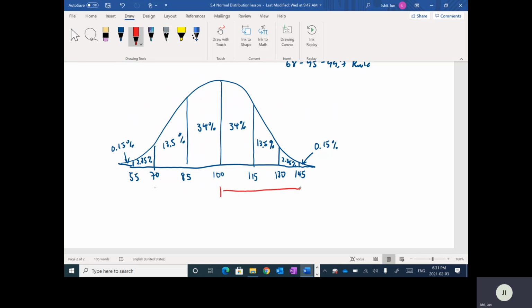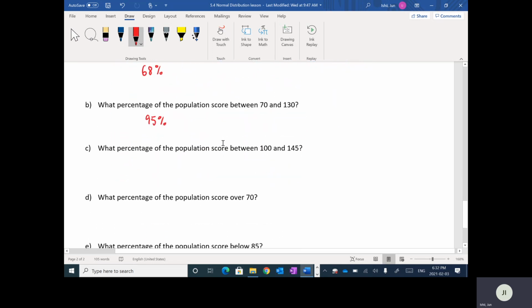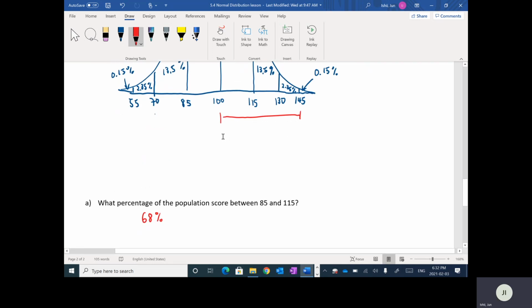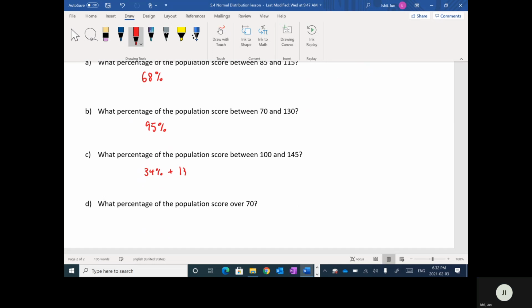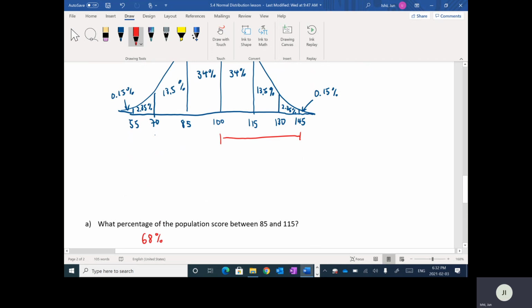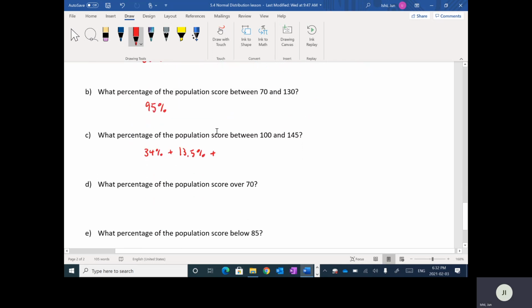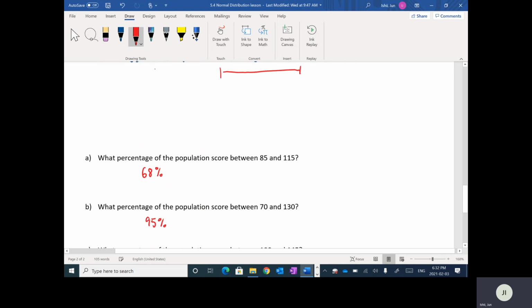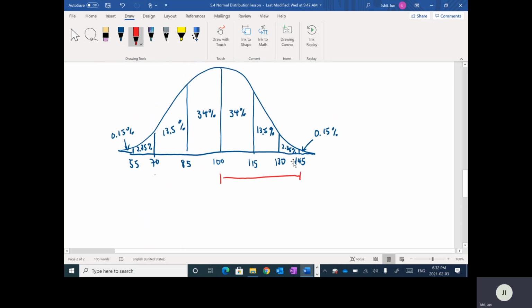So 100 to 145, that's asking this section in here. Okay, so that'd be 34% plus, was it 13.5, plus the 2.35%. Okay, so basically to answer this question, between 100 and 145, I needed to add up these 3 here.